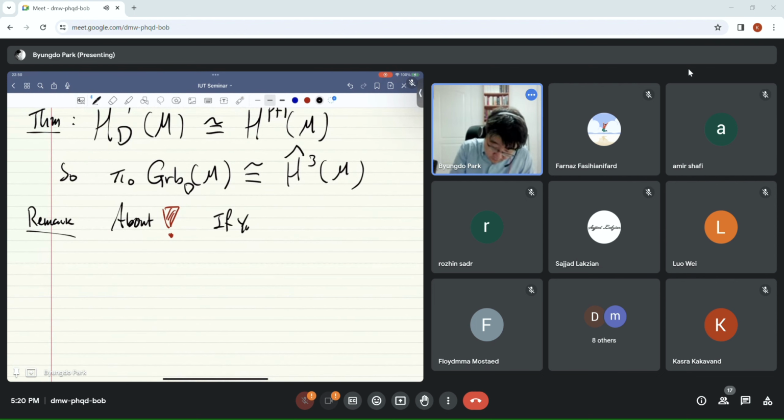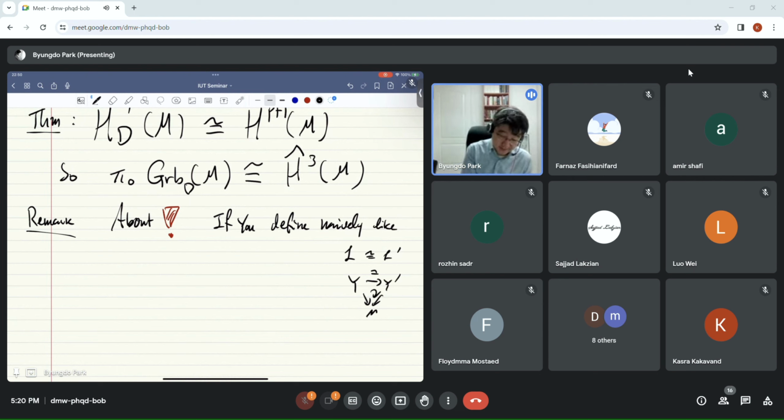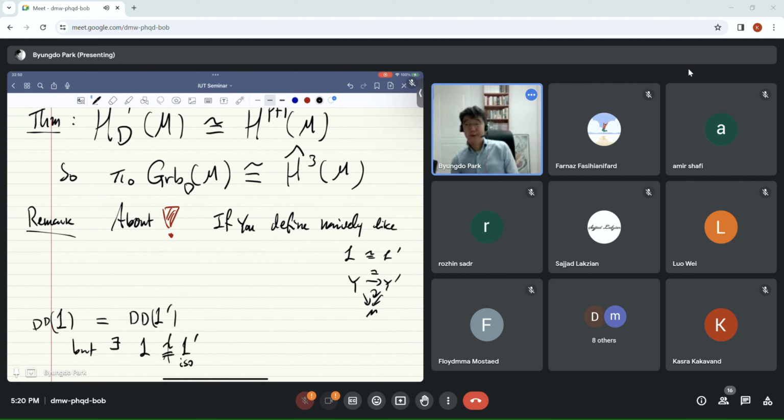If you define it naively, like L isomorphic to L prime, and Y prime over M, these are differential and this commutes, then what happens is that L and its DD-L prime are the same, but L and L prime are not isomorphic. So this notion of isomorphism is not a good notion.